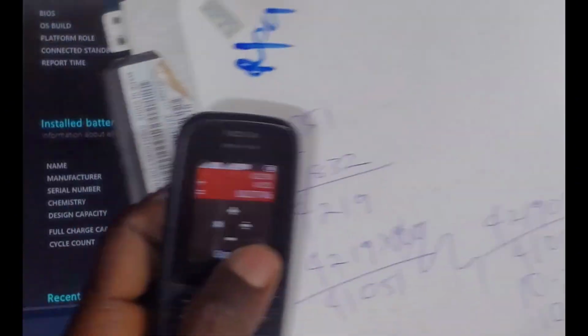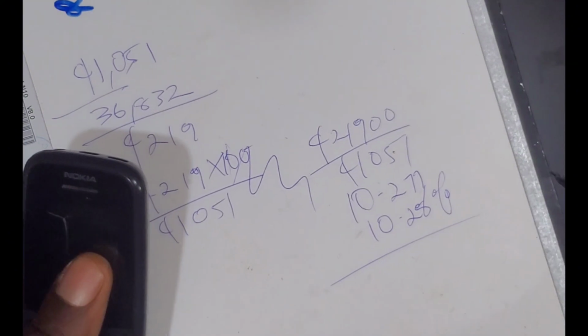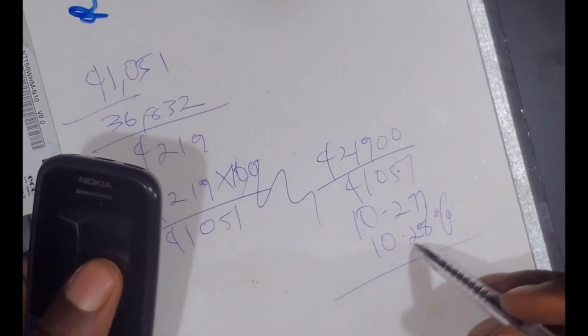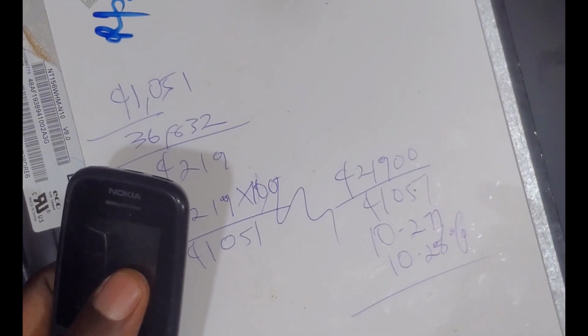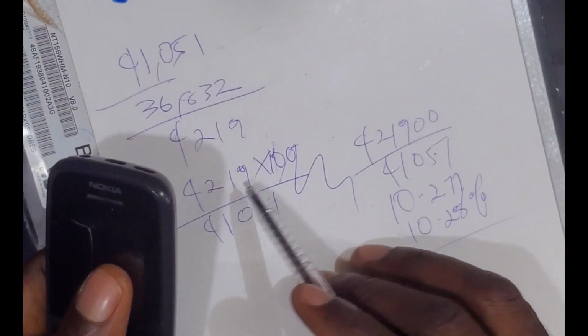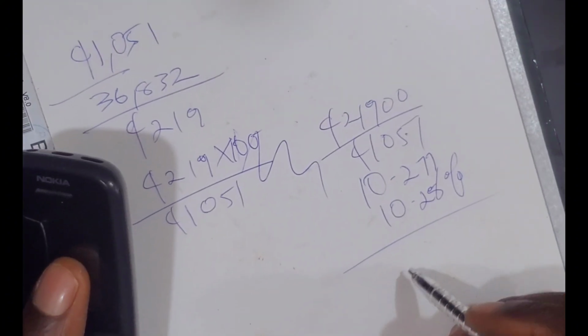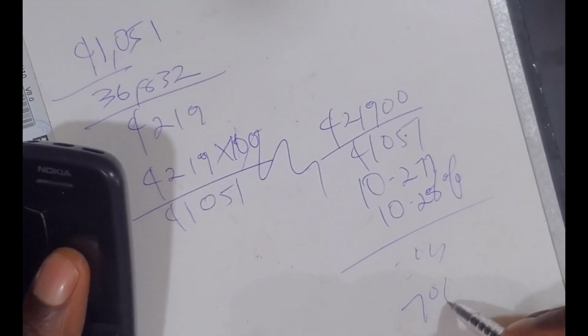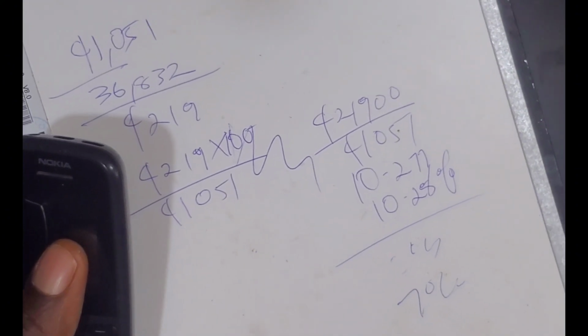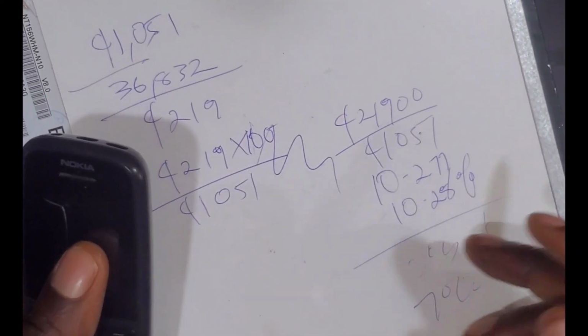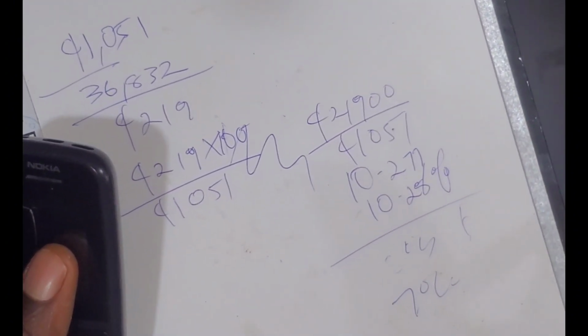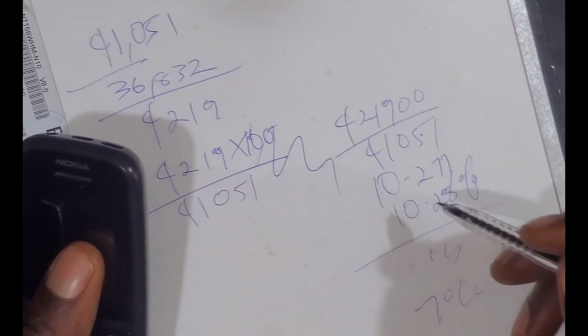So the percentage wear of this battery is 10.28. So at the look of things, the battery is still good, right? After calculating, maybe yours gives you like 50% or 70%, not that the battery is bad. Yeah, 50% means half of the battery life is gone. So this is how you calculate it.